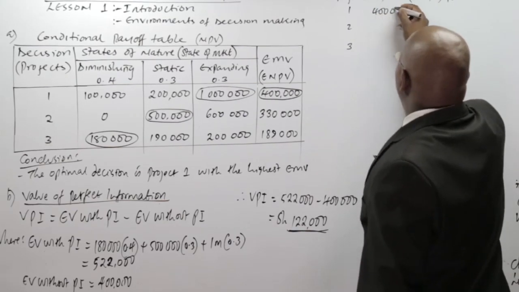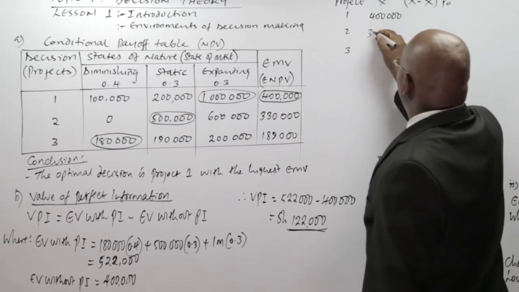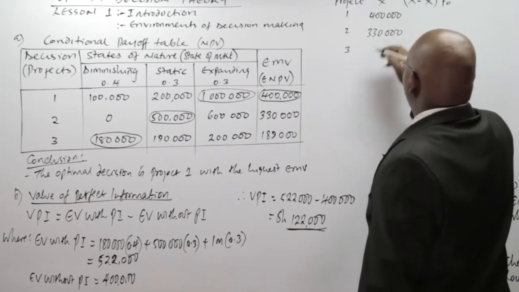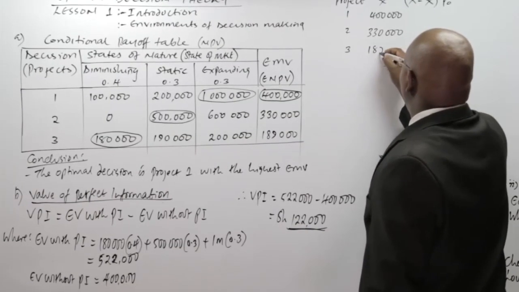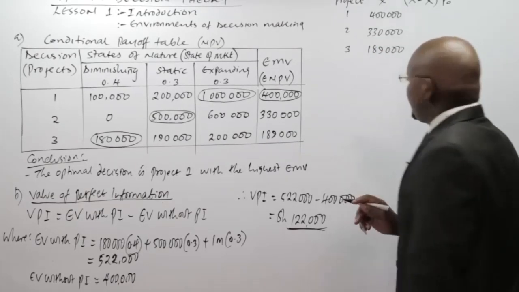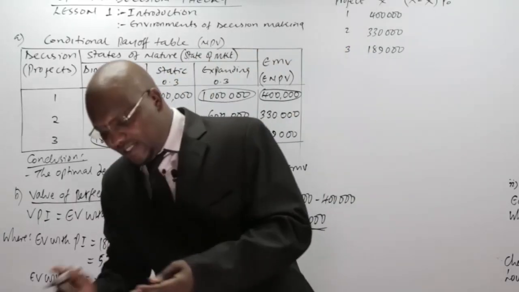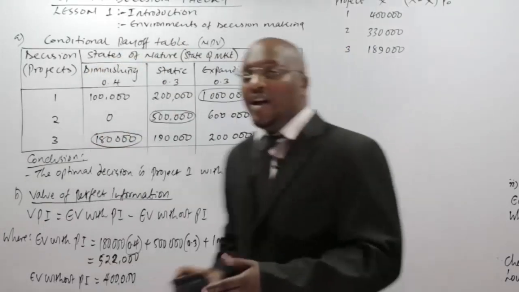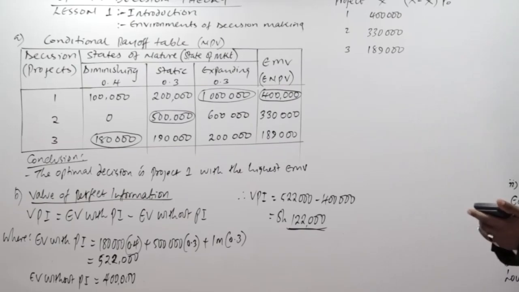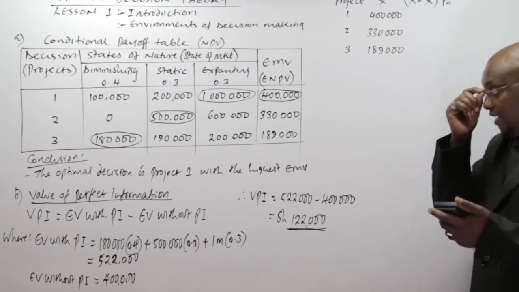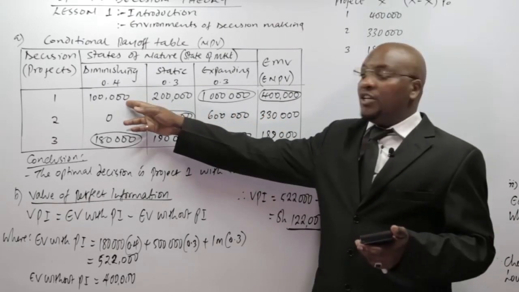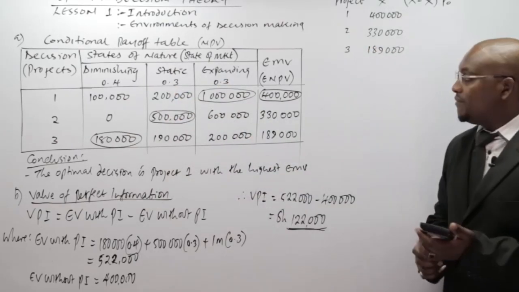So this is 400,000, the EMV. I have 330,000, I have the 189,000. So if I determine it this way, I take project 1. I have 3 values of x for diminishing, static, and expanding.